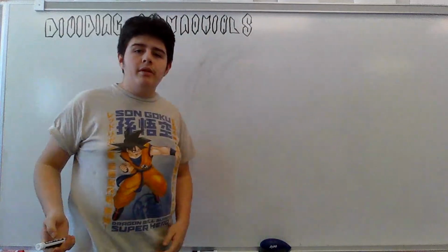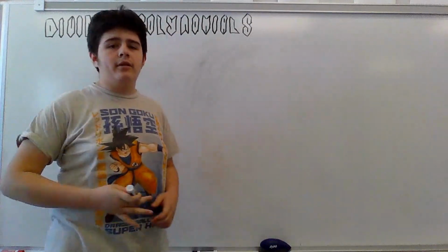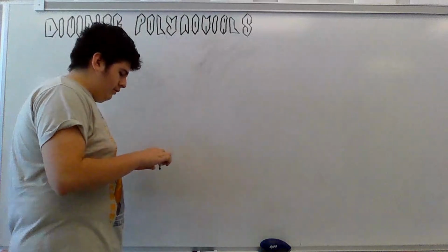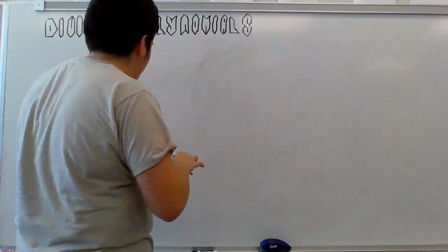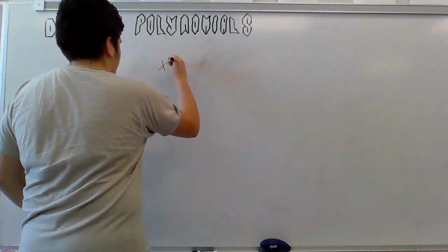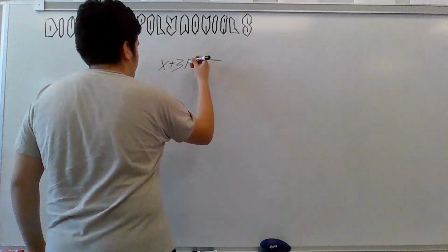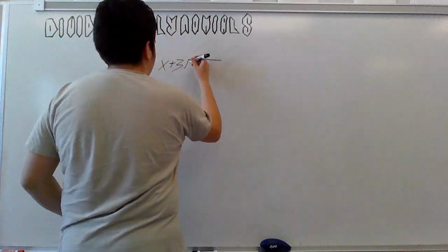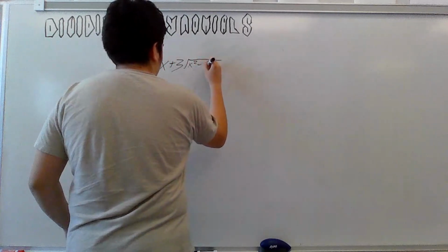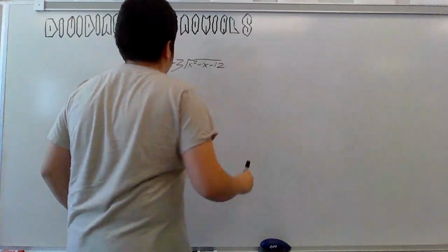So the most common method for this lesson is long division. So I'm going to show you guys an example, which will be plus 3, and then it'll be, let's see, x minus x and then minus 12.